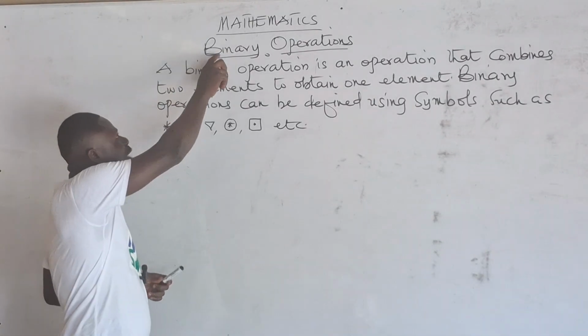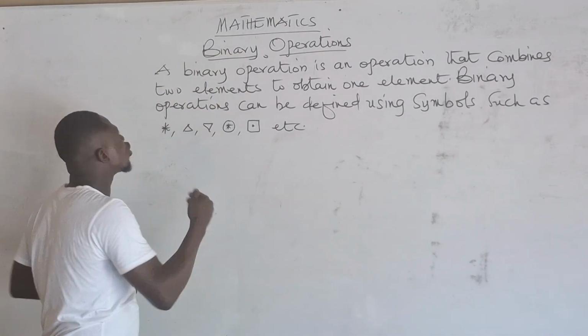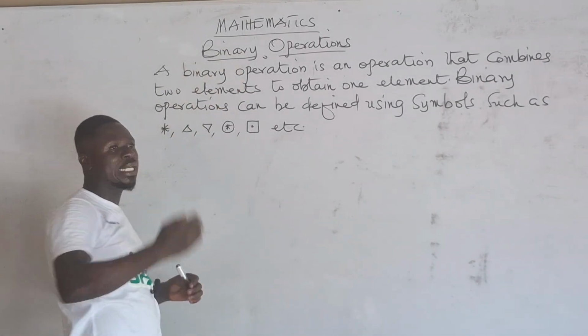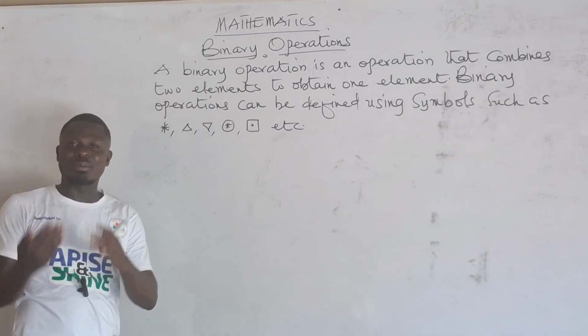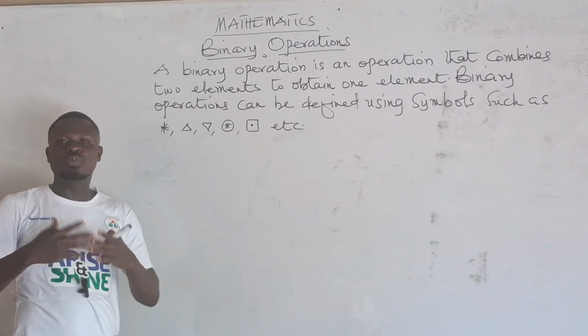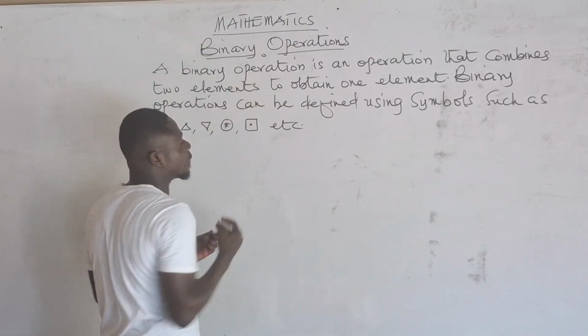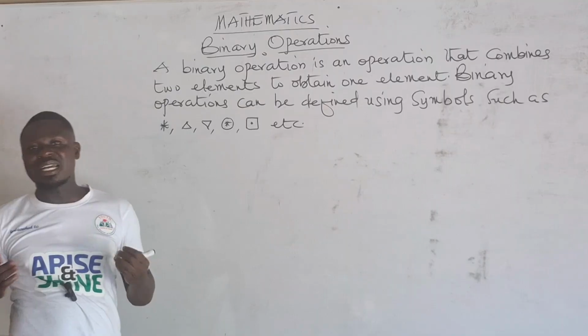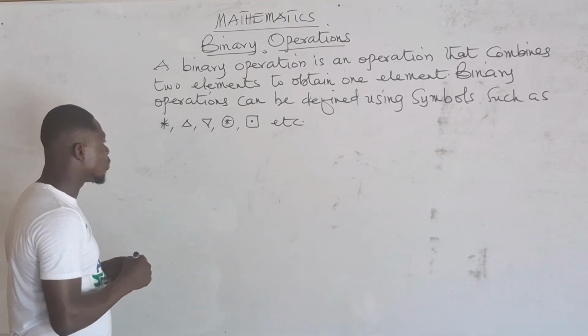The "bi" here means two. The "nary" is from the word numeral. So when we have binary, it means that two number symbols, or let's say two elements, are combined to produce another element using a particular operation. Let's consider the four arithmetic operations, the basic operations.